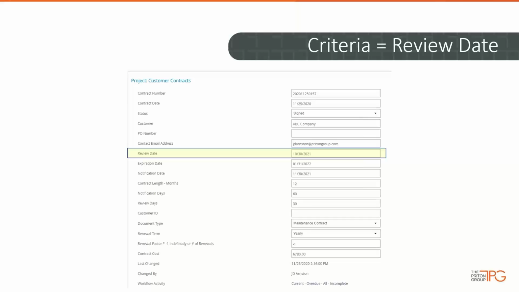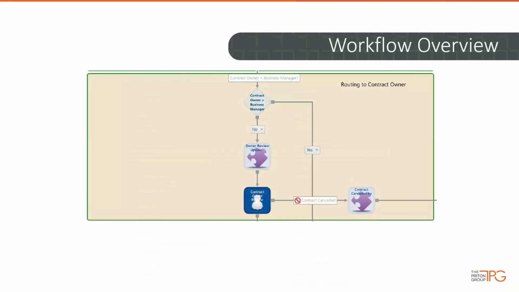And so it calculates the review date based on that, so that even though the contract expires in January, we have to have it in force, ready to go for our records by the 30th of November. And so we have to back up 30 days to give us the review date of 10/30/2021. So that then kicks off the workflow and sends it to the contract owner.